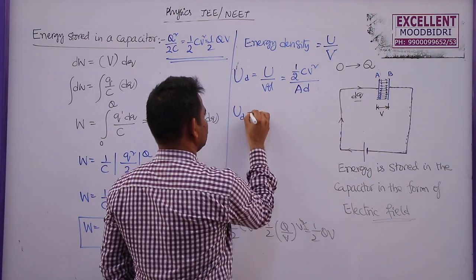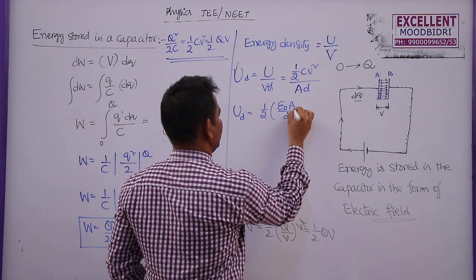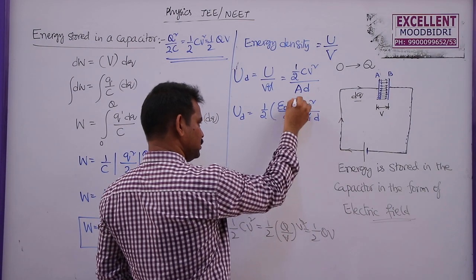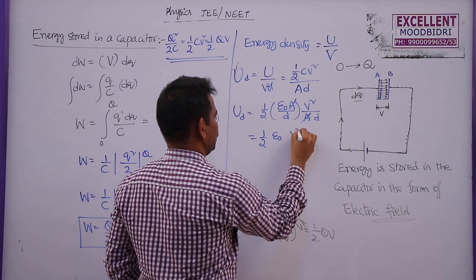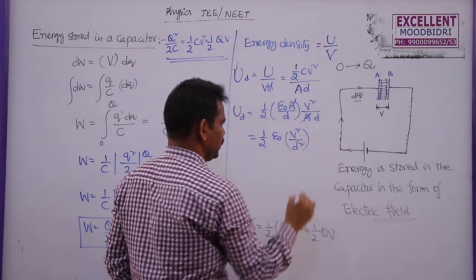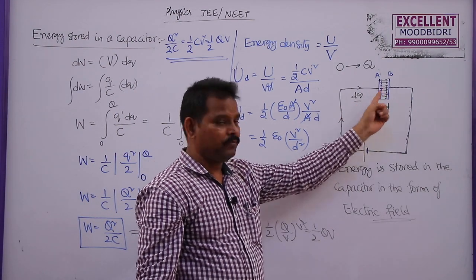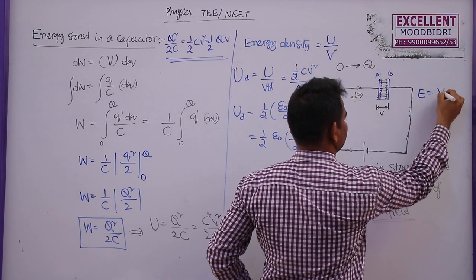So, energy density is going to be half into epsilon naught A by D into V squared by AD. Here you can cancel A and A. This will become half epsilon naught V squared by D squared. But we know that in a capacitor, electric field is uniform. So, what is the relation between electric field and potential?